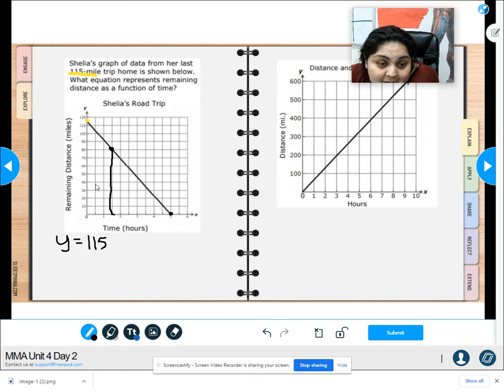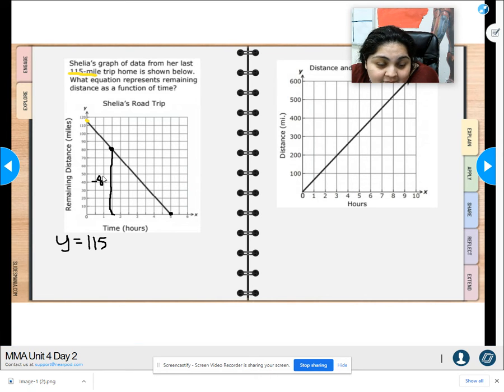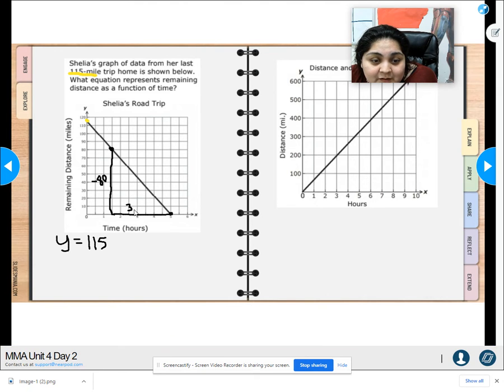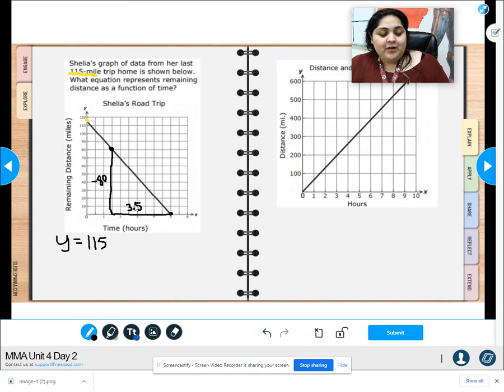So it went down from 80, so it went down negative 80, and 1.5 to 5. We subtract those, that would be 3.5. And we divide those. So let me get my calculator real quick. 80 divided by 3.5.